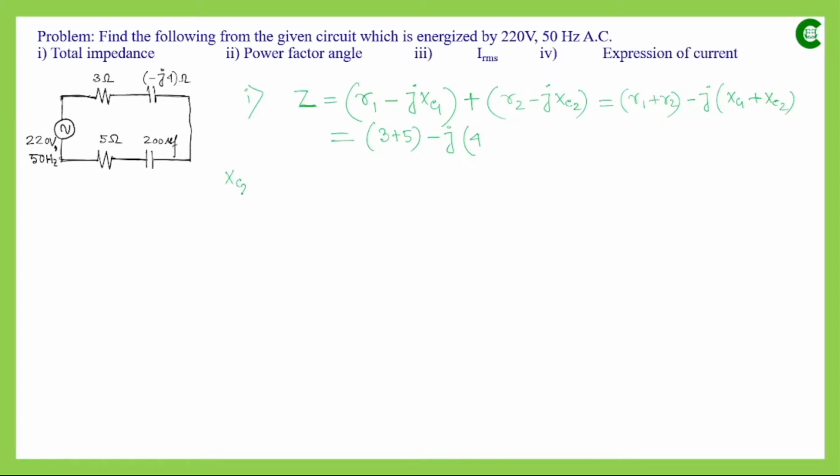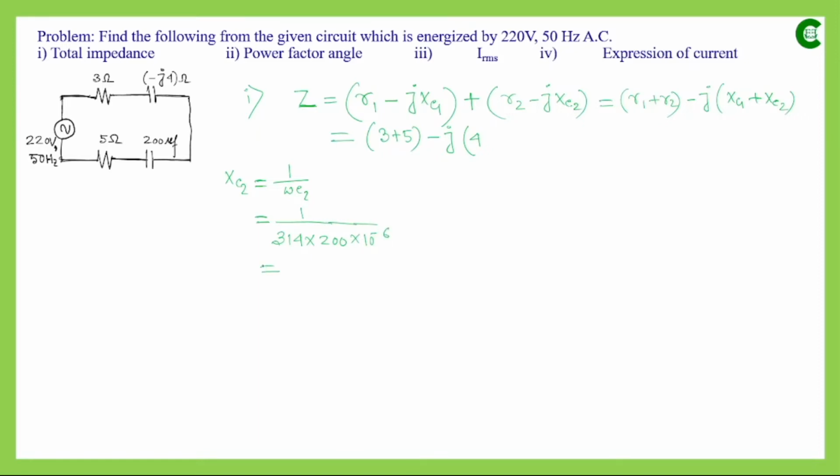We know that XC2, value wise, will be 1 by omega C2. Omega is the measurement of 2 pi f, where f is the supply frequency or linear frequency of the supply. So 2 pi f, and f is 50 hertz. That means finally in the denominator it will be 314, and then the capacitance is 200 microfarad, so it will be 200 times 10 to the power minus 6.